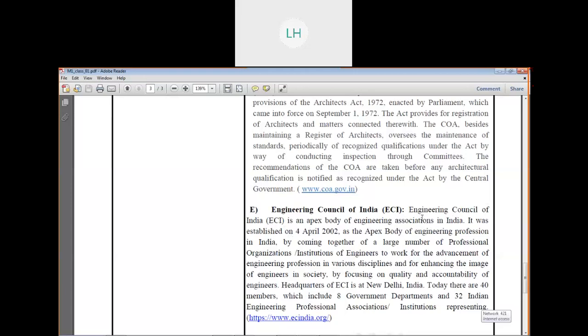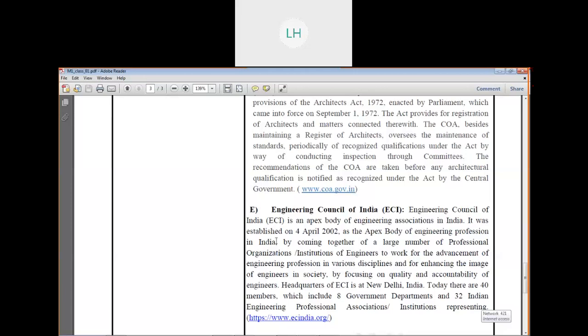That means there are many engineering associations in India. They work differently, but most of them are connected on one platform, and this platform is the Engineering Council of India. This is a common platform of all the engineering associations in India.